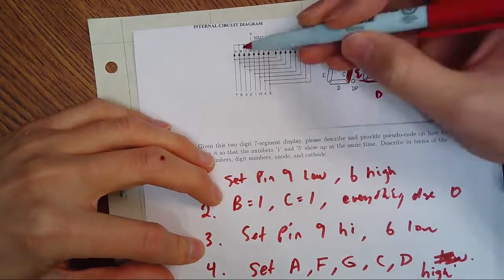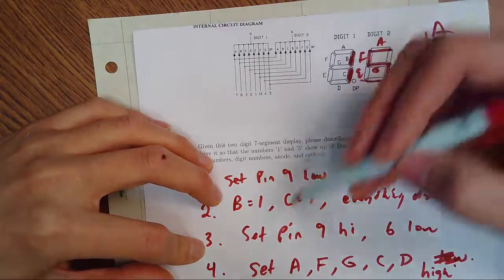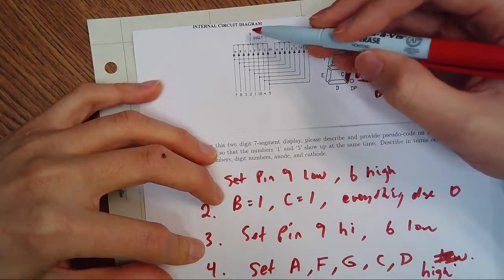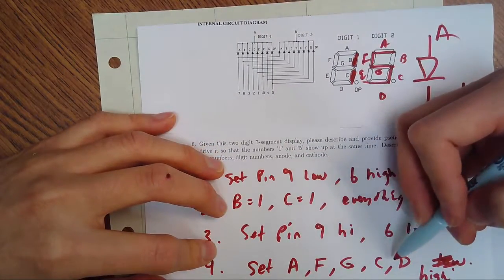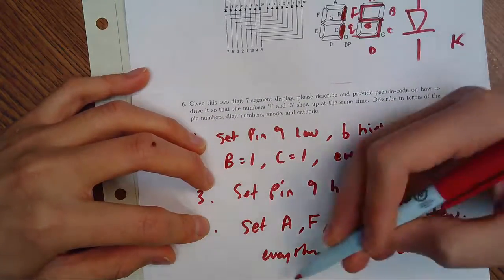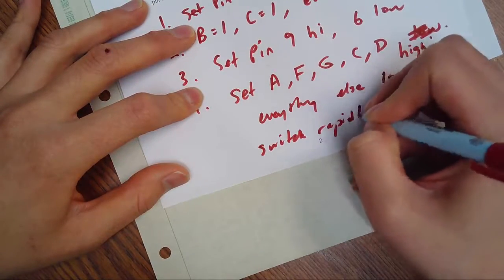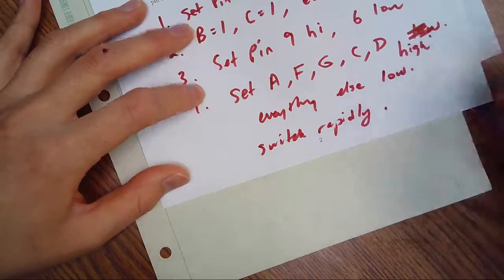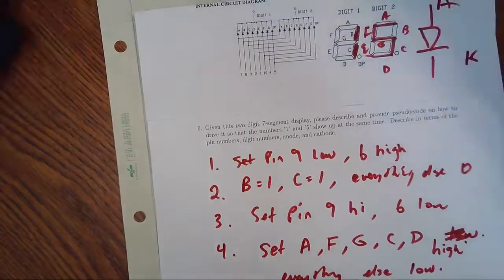Number 3 is switch to the second display, setting 9 high and 6 low. And then we set A, F, G, C, D, step 4. Set those values high, everything else low to display the 5. Then switch rapidly at a rate that's higher than persistence of vision. Okay?